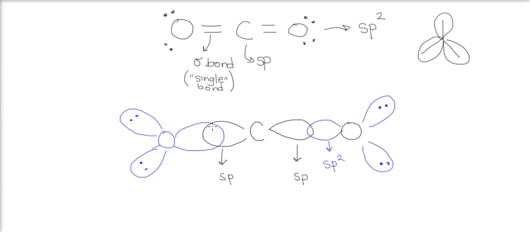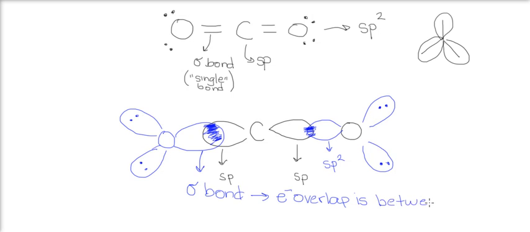Now, this overlap that we see here between the sp and the sp2 of carbon and oxygen respectively, this is what we referred to as the sigma bond. And what technically defines this as a sigma bond is that the electron overlap, or the orbital overlap, is between the nuclei of the atoms.